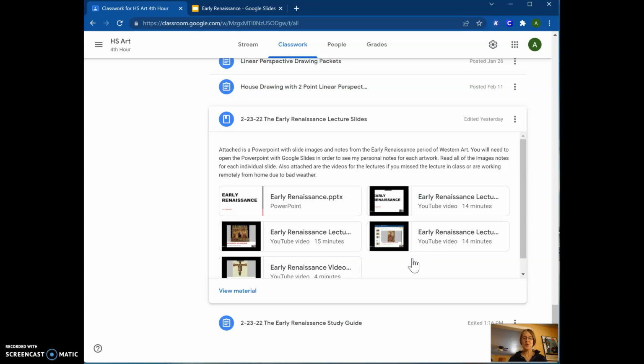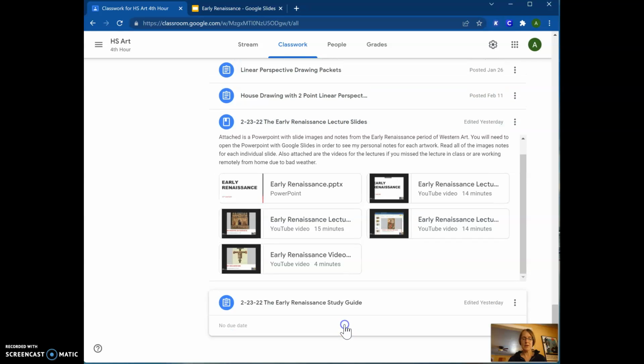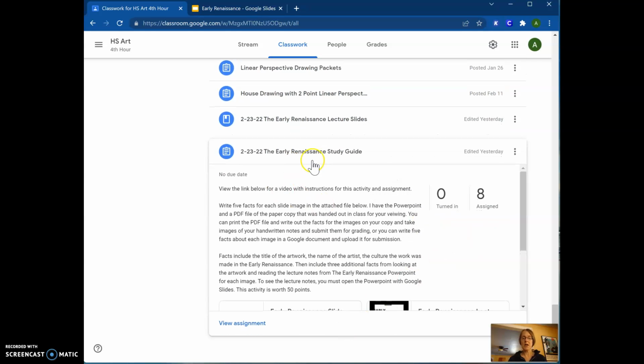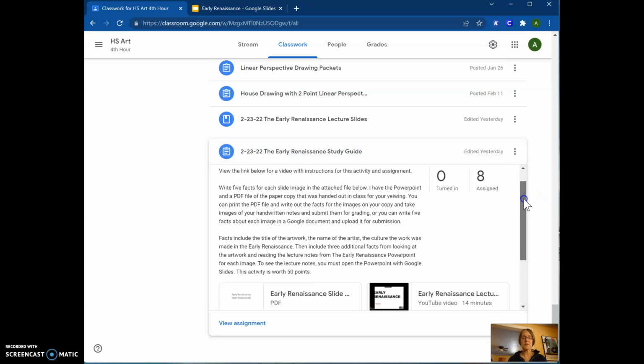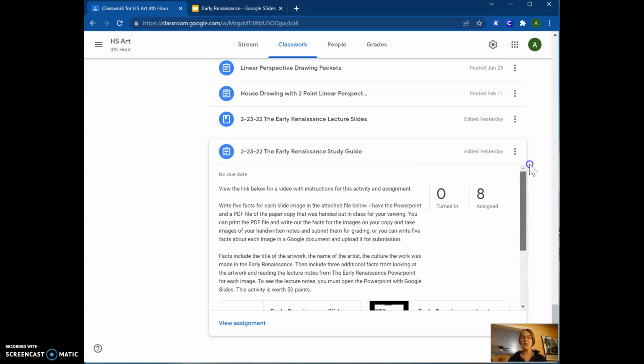So we're going to go ahead and start with today, and I'll add them. And I've also added them in the study guide activity as well, so you can access them there also.